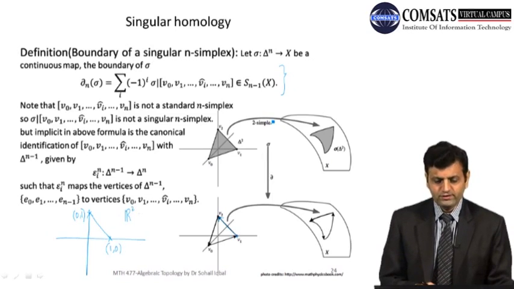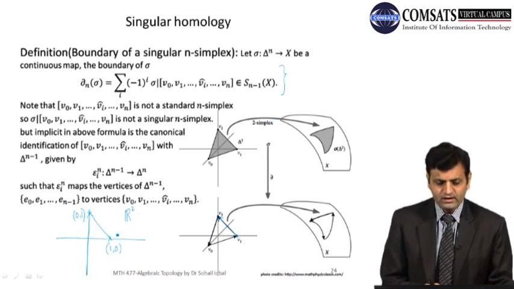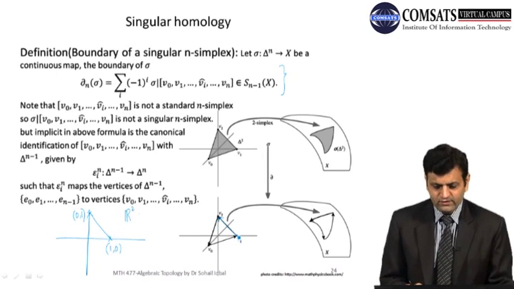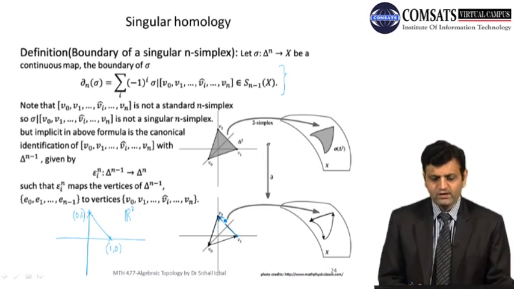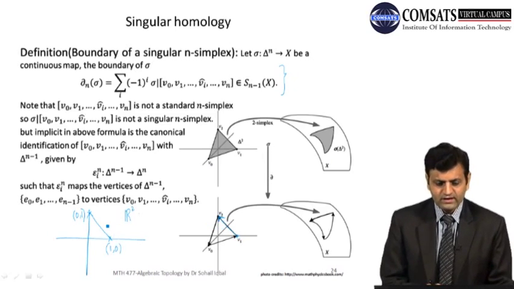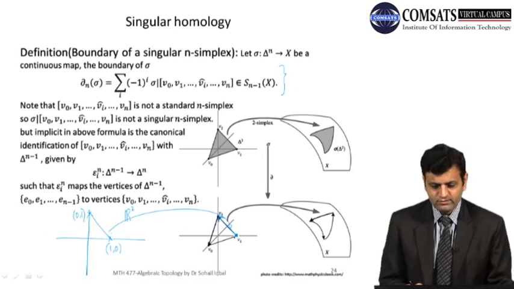Instead of taking v1 to v2, we are basically considering a function from this standard one simplex to this one simplex v1 to v2, and then we are taking the image.